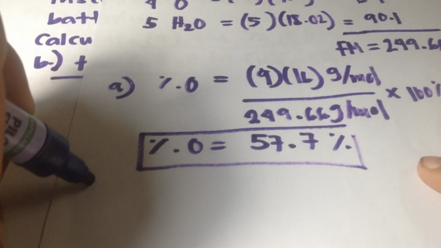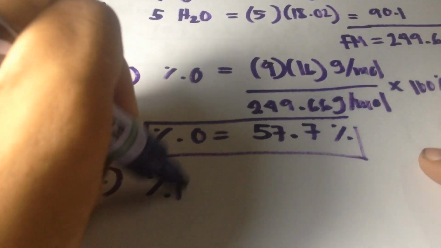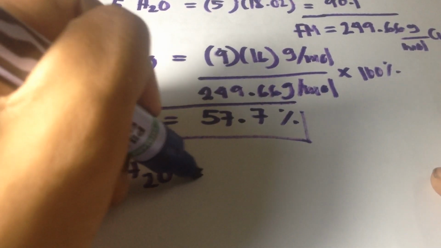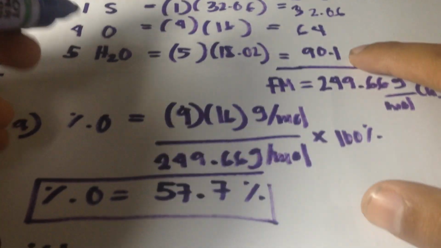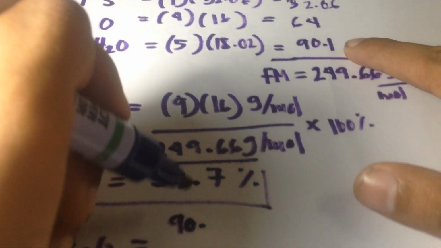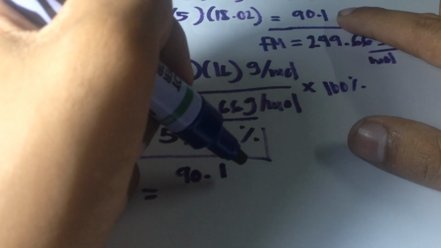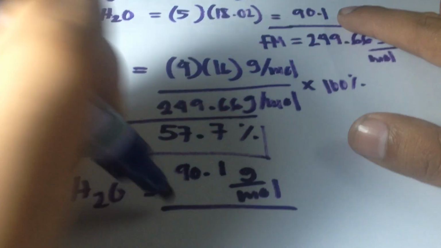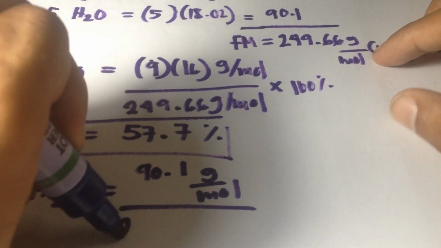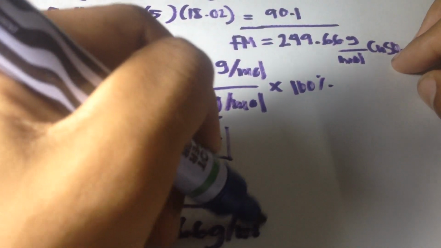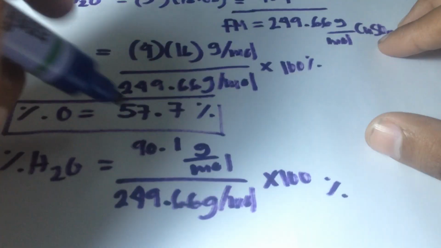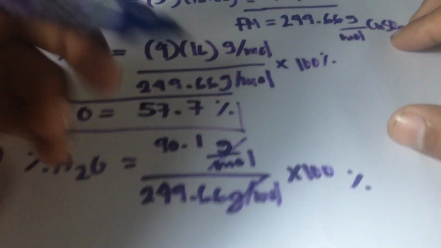So in letter B, the percent of water is equal to the molar mass of water, which is 90.1 grams per mole, over the molar mass, which is 249.66 grams per mole, times 100%, then cancel out grams per mole.